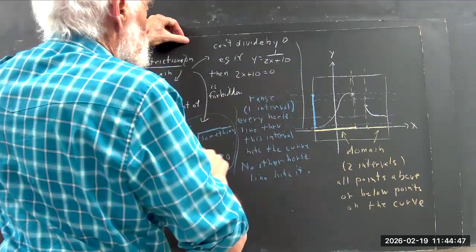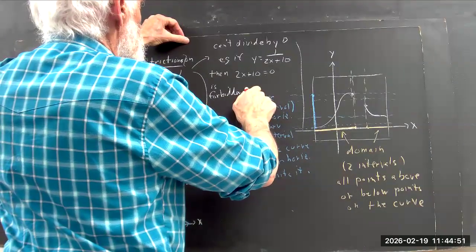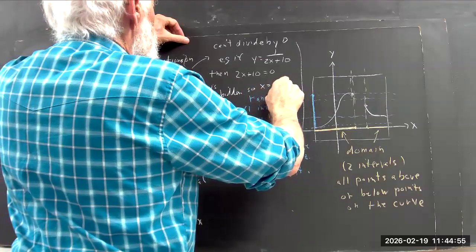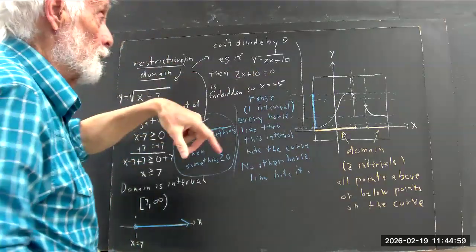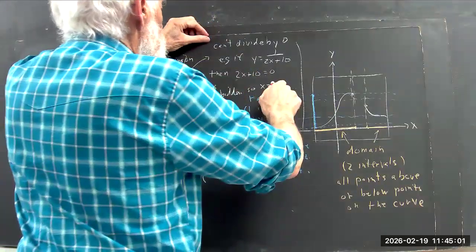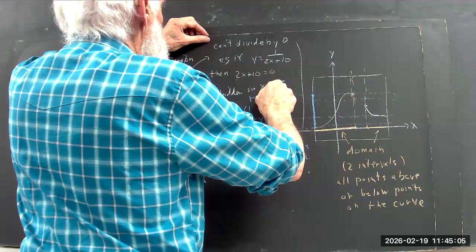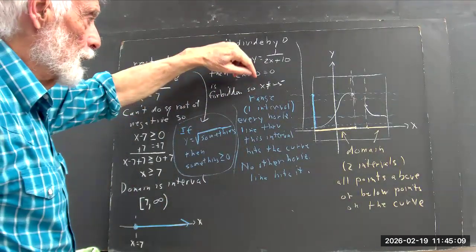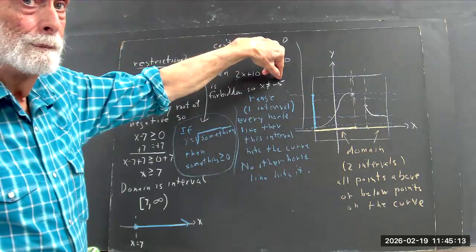And the solution to 2x plus 10 equals 0, do the arithmetic. You can subtract 10 from both sides and divide by 2. You get x equals -5. And I'm going to draw a little line through the equal sign to say x cannot be equal to -5.